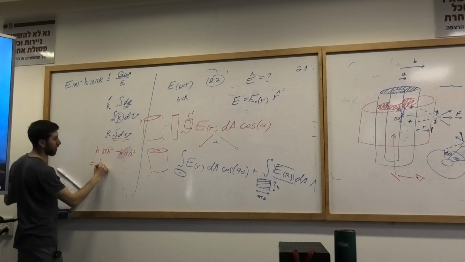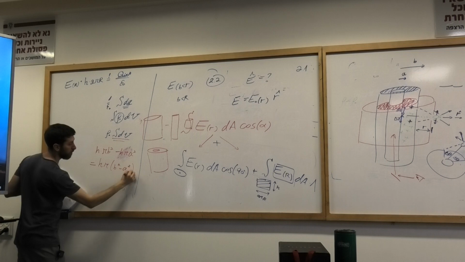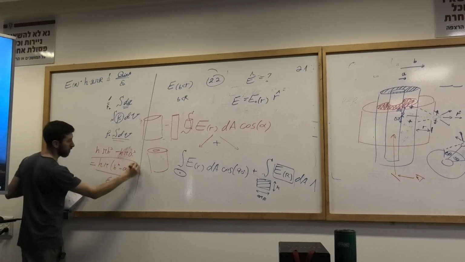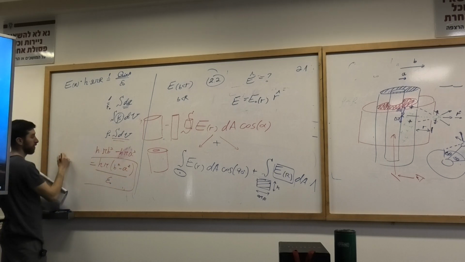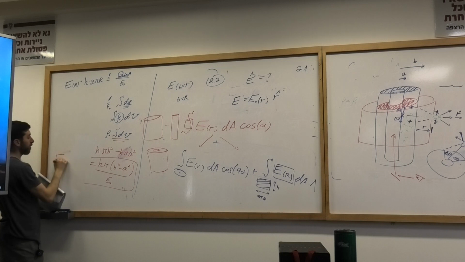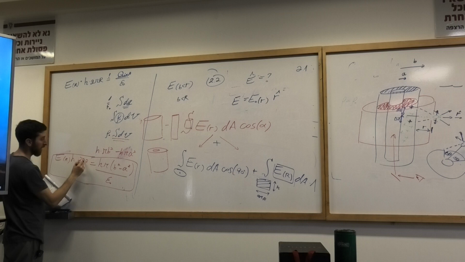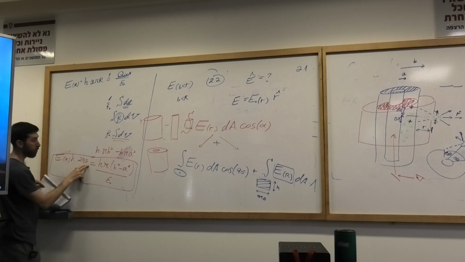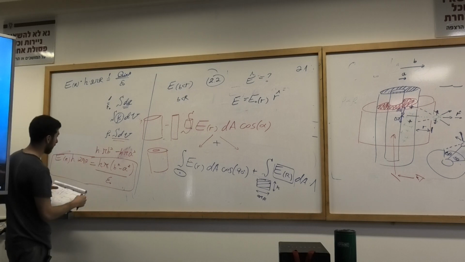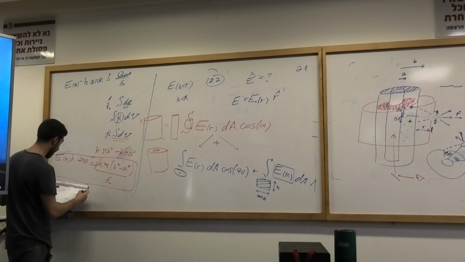This is equal to H pi (b squared minus a squared) divided by epsilon naught, and this must be equal to E(R), which we are trying to find, multiplied by H times 2 pi R. Look, pi is cancelling out. The radius... You're missing a rho, I think. Yes, thank you, that's what I was thinking about.